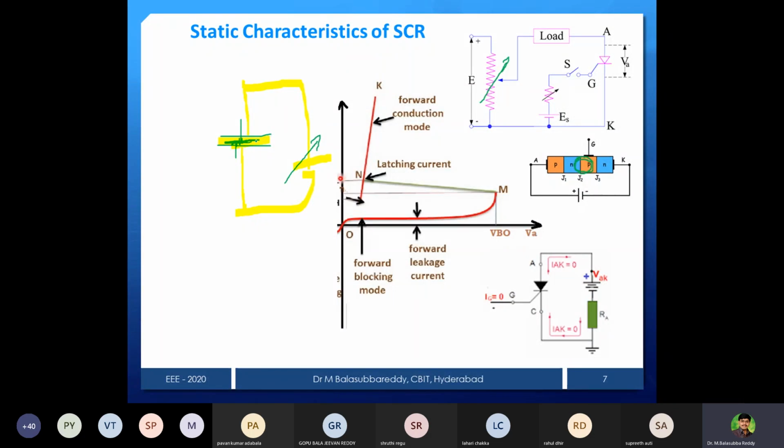Now the width will be like this. If the voltage increases further, the width becomes a very thin line, and if I go on increasing the voltage, the depletion layer is going to break down.